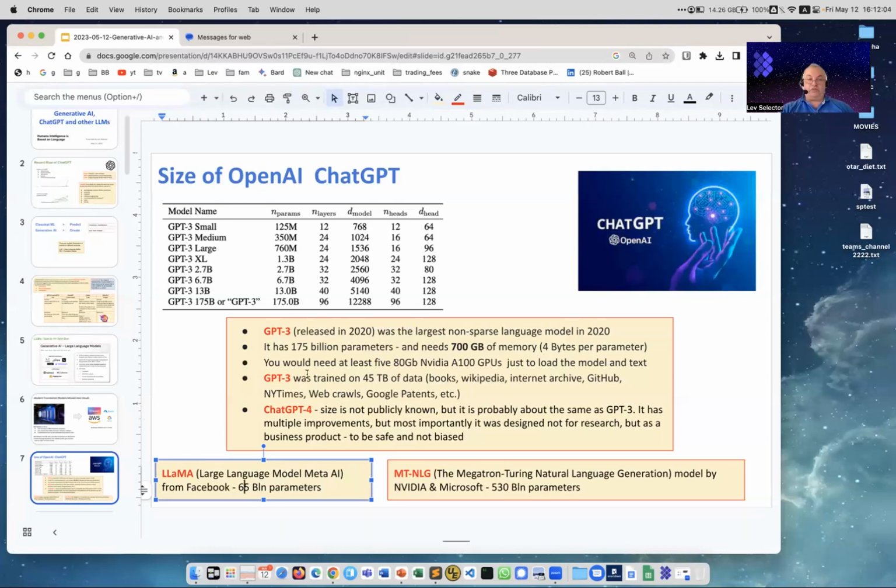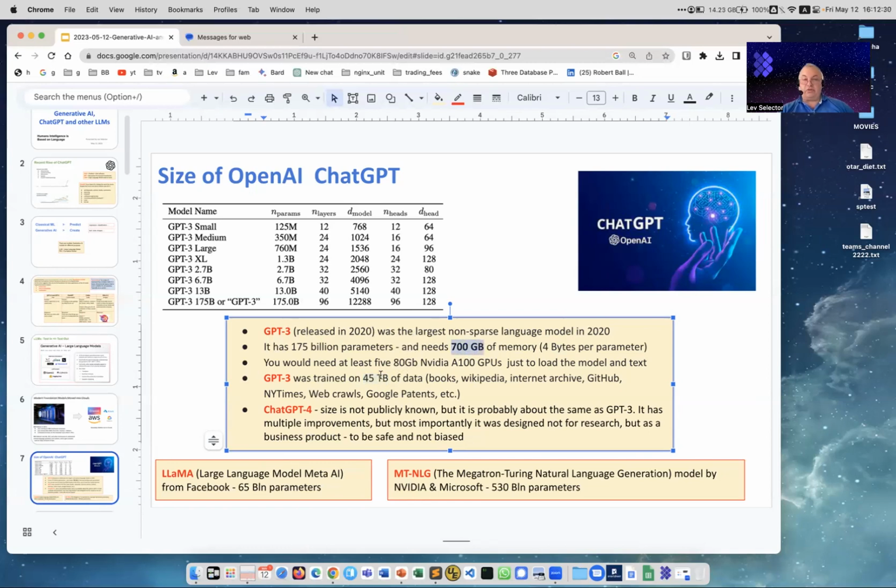So here, for example, ChatGPT was trained on 45 terabytes of data. Well, you can estimate the compression, because ChatGPT-3, released 2.5 years ago, the largest non-sparse, has 175 billion parameters and needed 700 gigabytes of memory just to store the parameters.